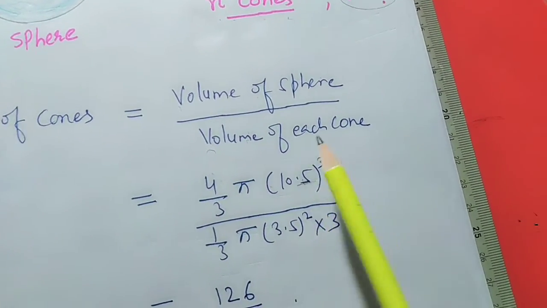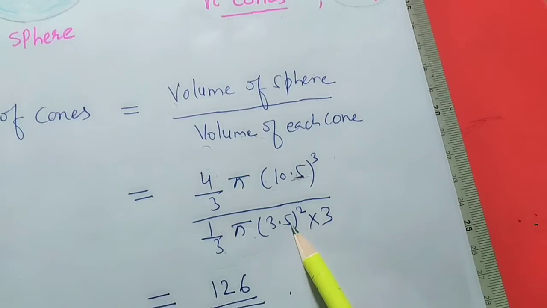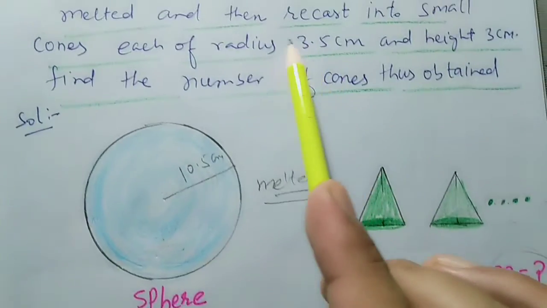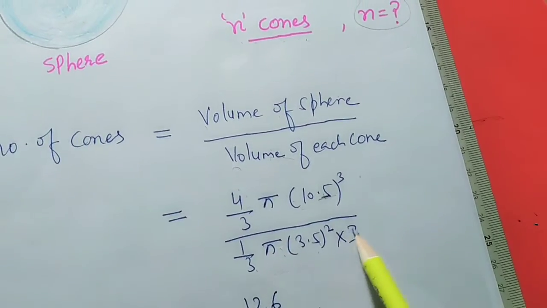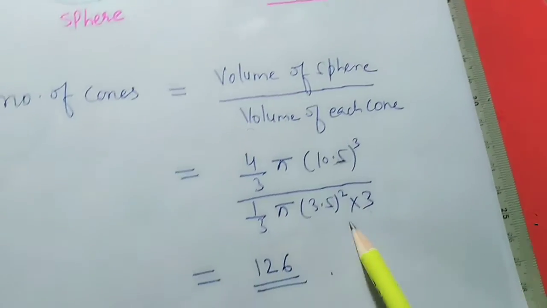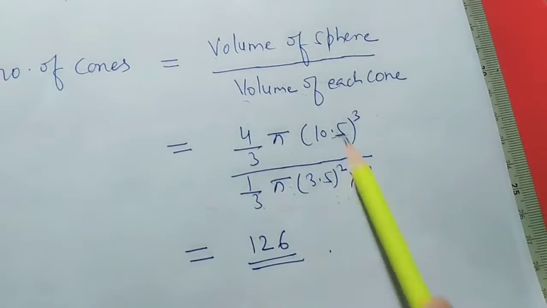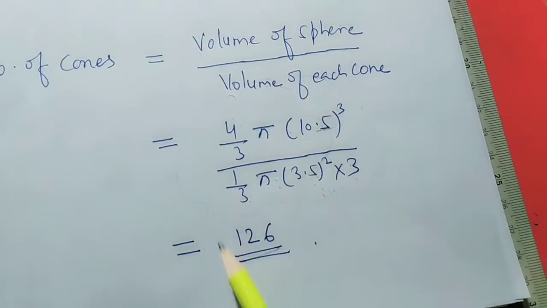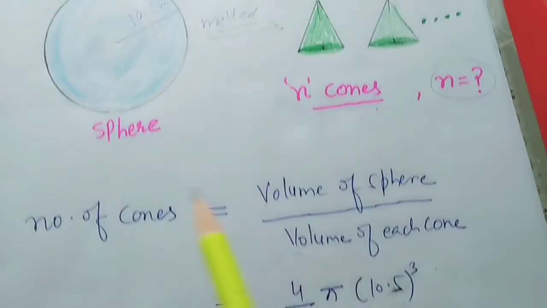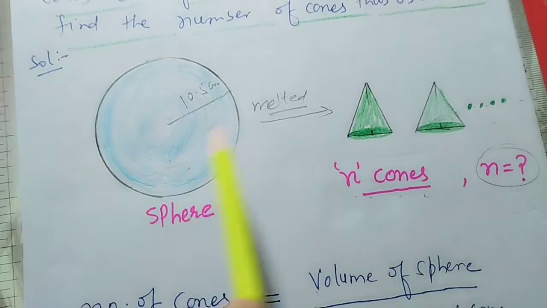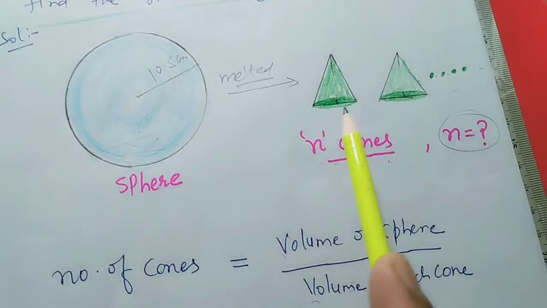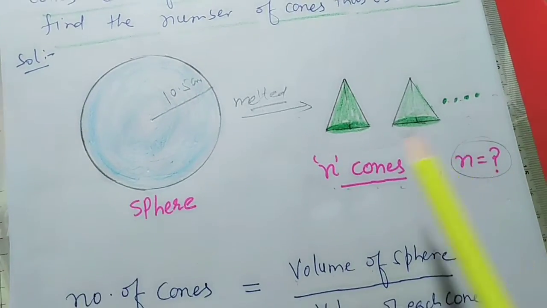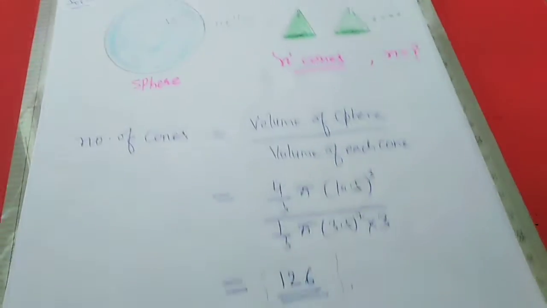This is the radius, and the volume of each cone is 1 by 3 pi r square h. The radius of each cone is given, and height is also given for each cone. So this way, after calculating, you know, pi by 3 cancels. After calculating, you will get 126. That means that whenever this sphere is melted and recast, then 126 such cones will be made.